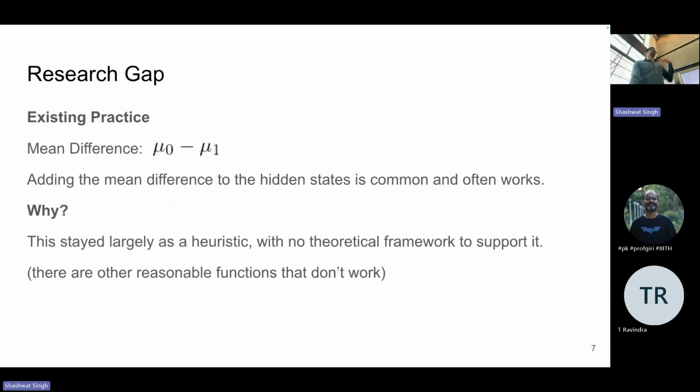So this is the solution that leads to that. It is an explanation for why that works, in a way.